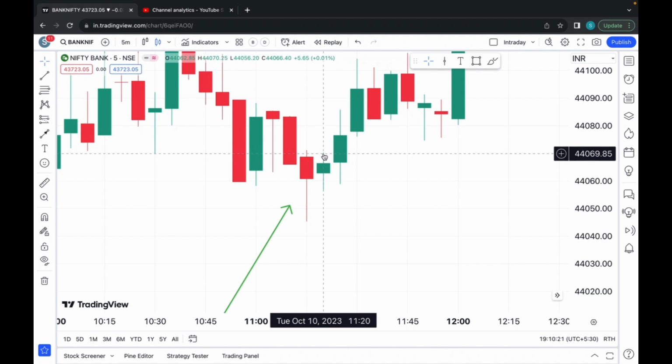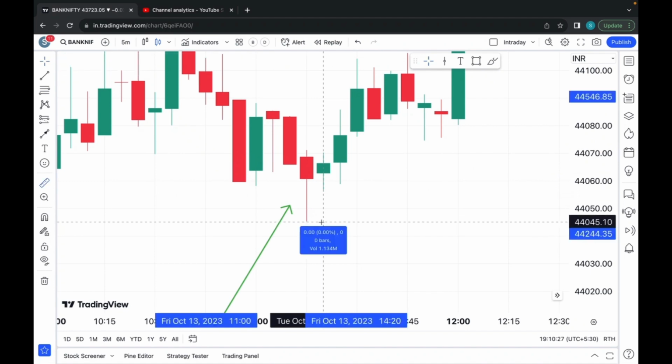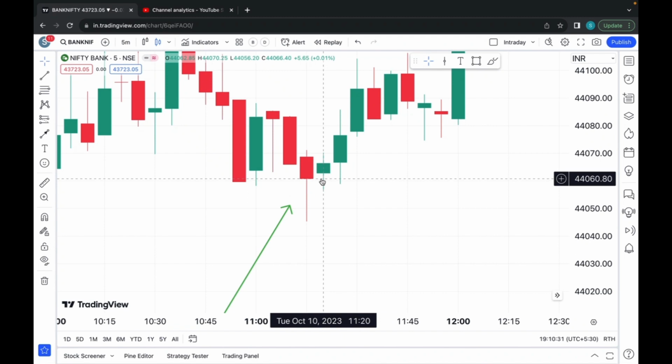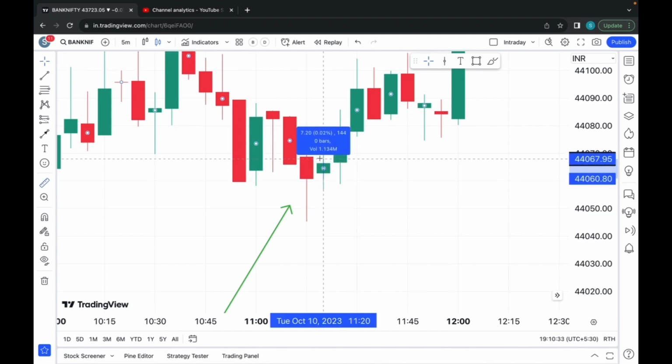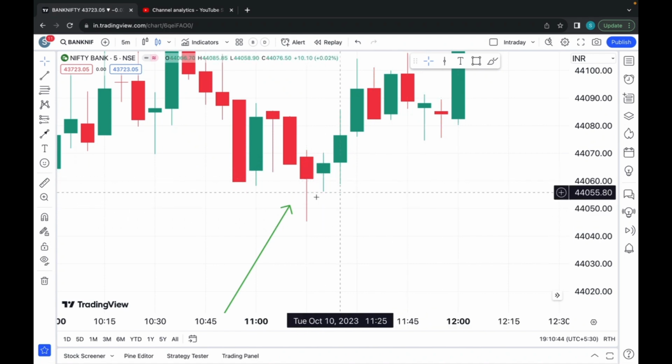Our first criterion is met: the upper wick is not bigger than the real body. The second point is the lower wick is 15 points. Let's measure the real body. It is 7 here. So the bottom wick is exactly two times the size of the real body. So this is a proper hammer.